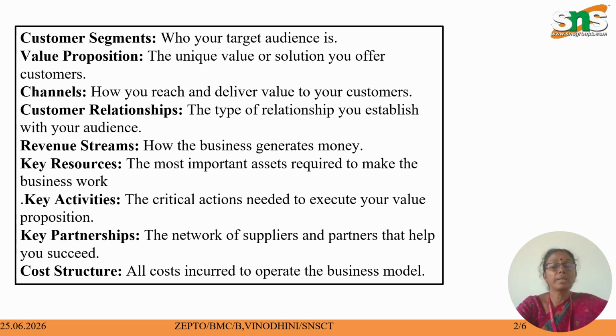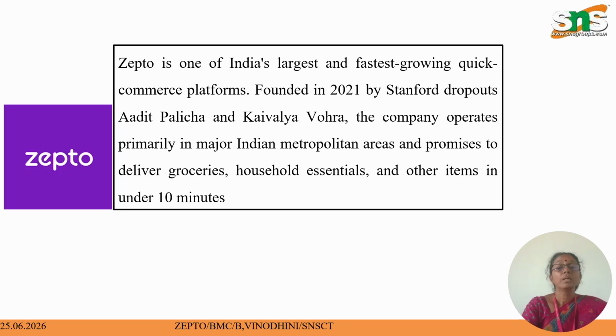Next is the cost structure, all costs incurred to operate the business model. So the BMC model is a tool to design, visualize, and reinvent the business model, built using the nine building blocks.